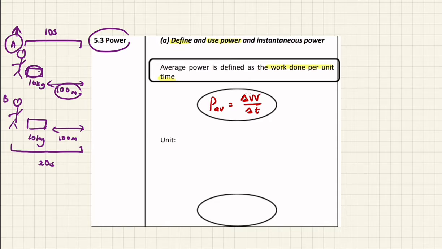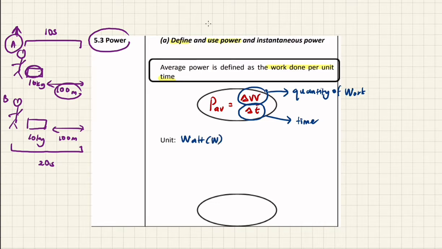The change in work shows how much work is done, and the change in time shows how much time is taken to do that work. So this is the formula of power. And the unit for power is capital W, watt.